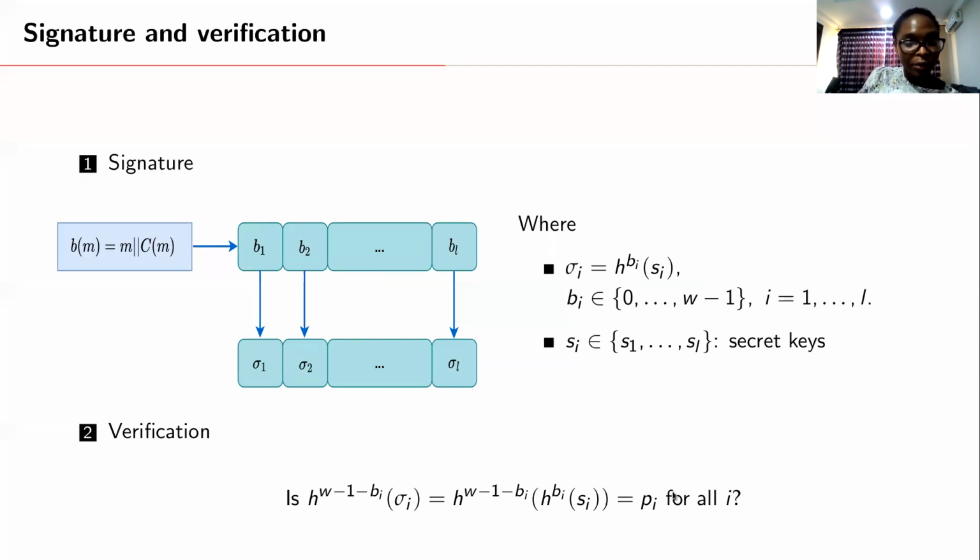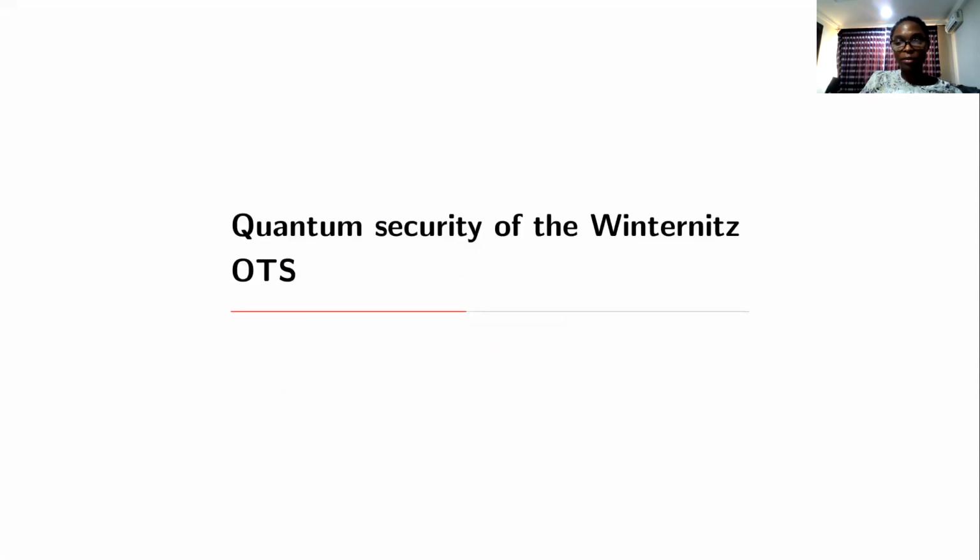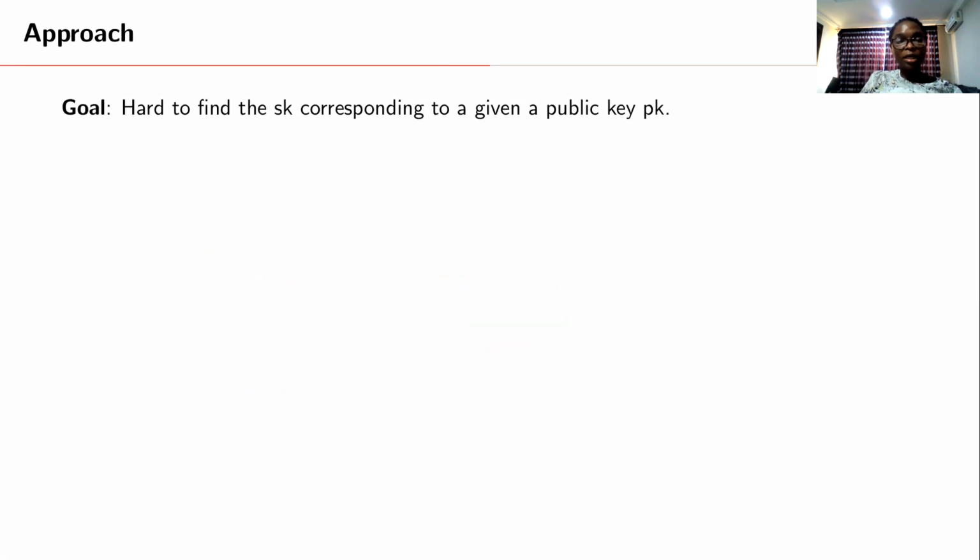Now that we know how the Winternitz signature works, we move to the quantum security of the Winternitz one-time signature scheme. Our goal is to show that for any adversary who has a public key, it is difficult to find the corresponding secret key.